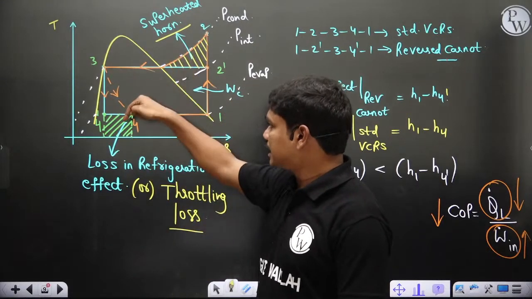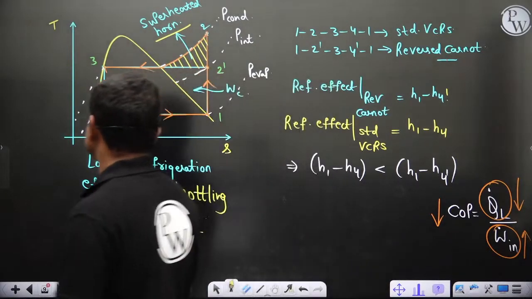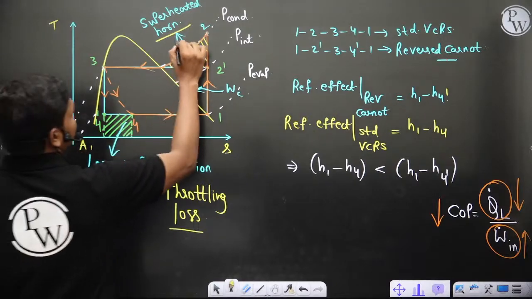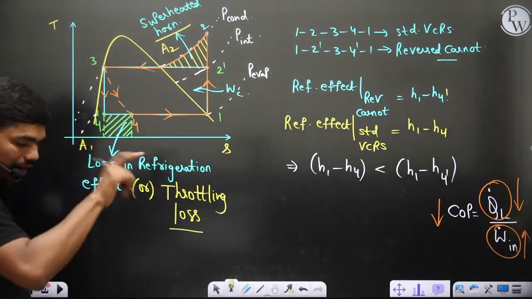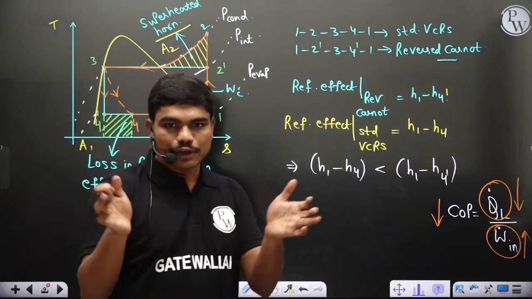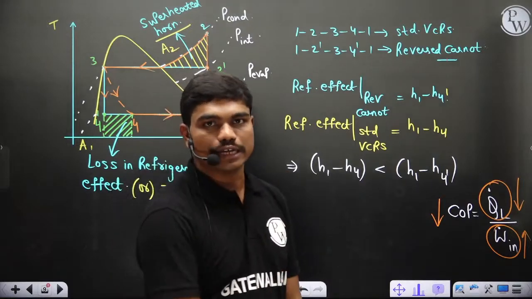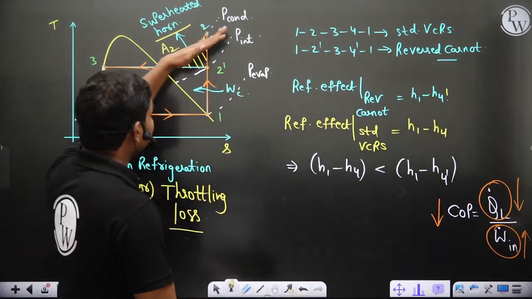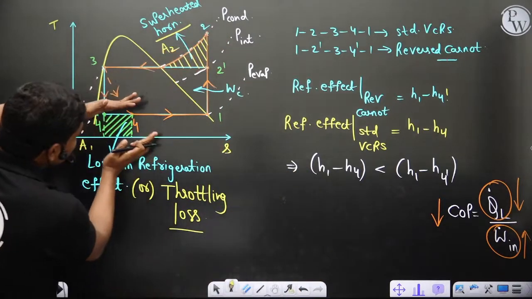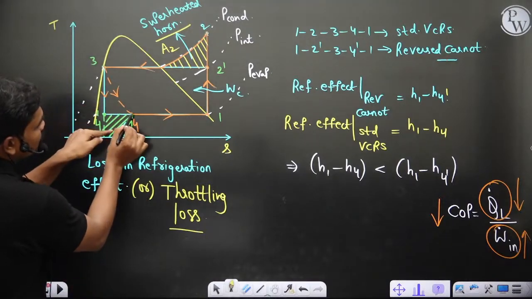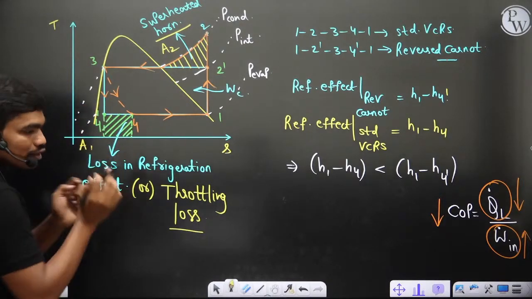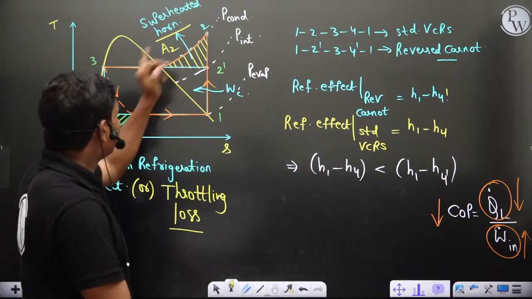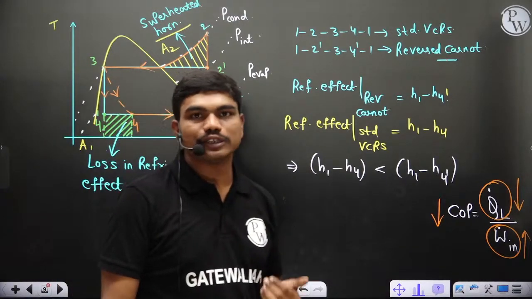And these two areas, if you call this area A1, and this area A2, this A1 and A2 decide how closely you can bring the system to the Carnot cycle. Let's say if this A2 is coming very small and A1 is also coming very small. Let's suppose instead of this point here, if I end up here, throttling loss will reduce. So these two play as important parameters when you're talking about COPs.